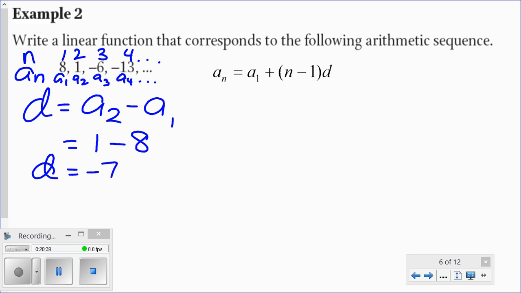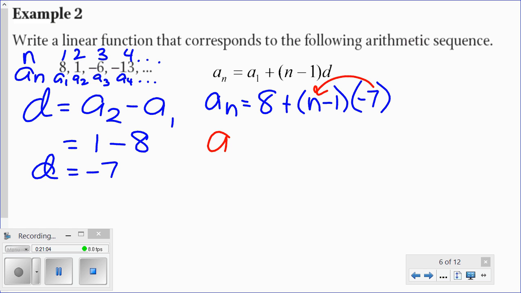Now we plug everything else into our explicit formula. A sub n is equal to, what's our a sub 1? 8 plus n minus 1 times -7. So let's distribute our -7.